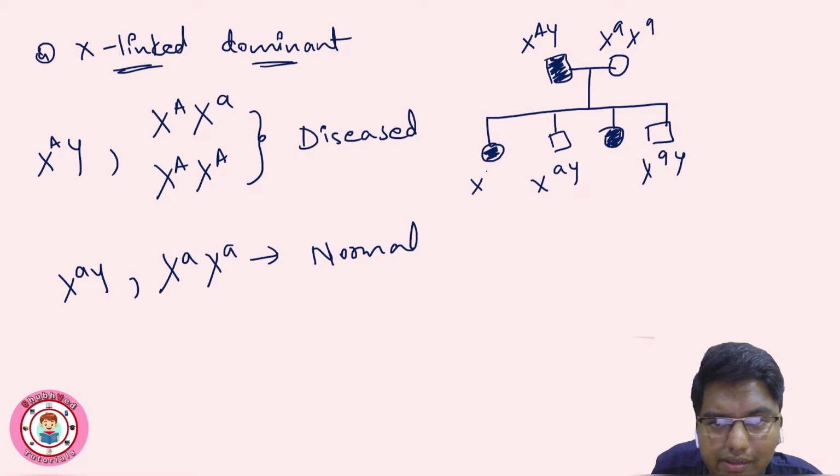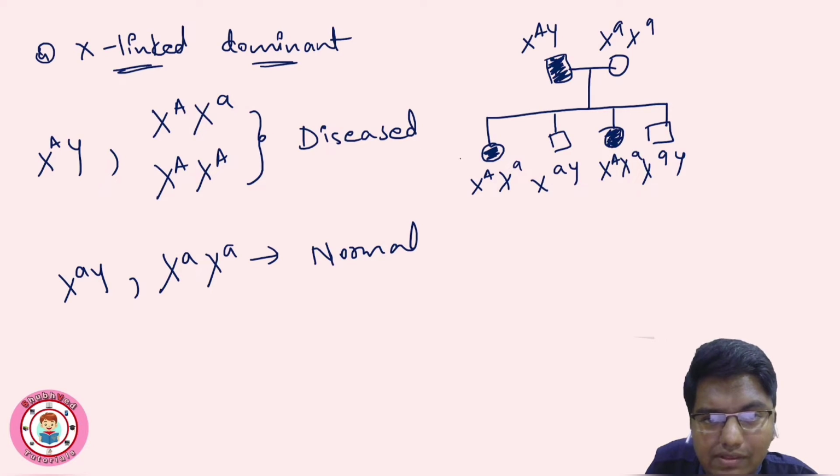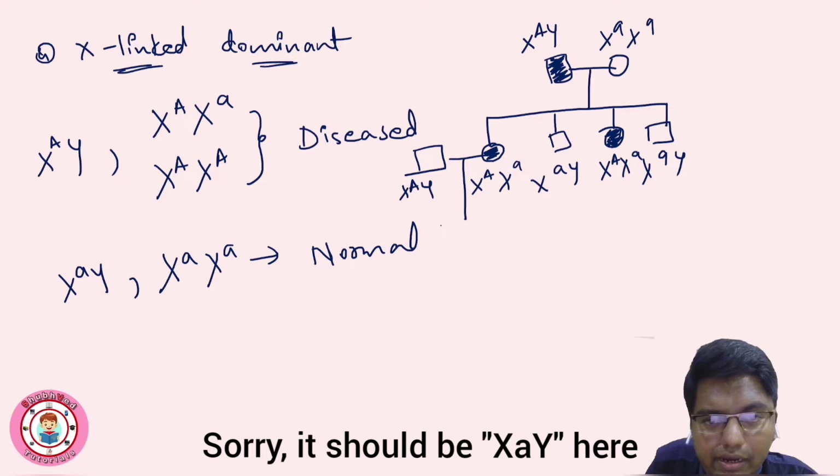We know affected is the dominant condition, right? Now we will see if this is married to a normal one. Suppose this is XAY, right? Then what will we see? I will just draw two offspring, not many. One boy and one girl.